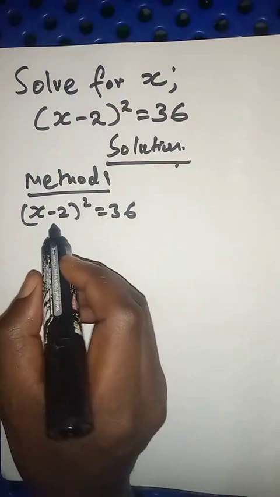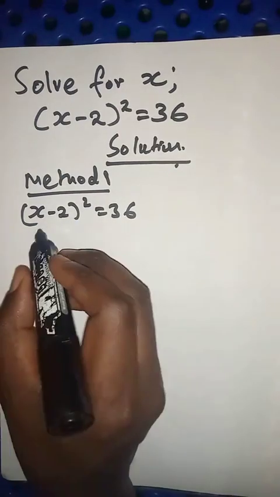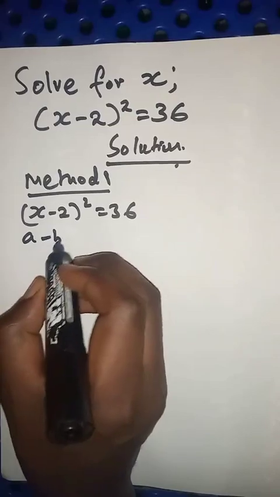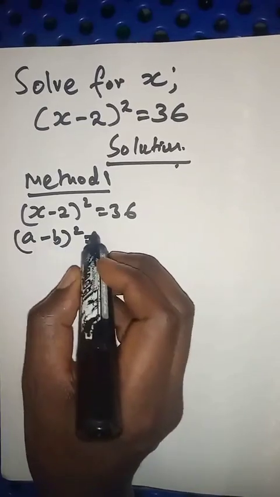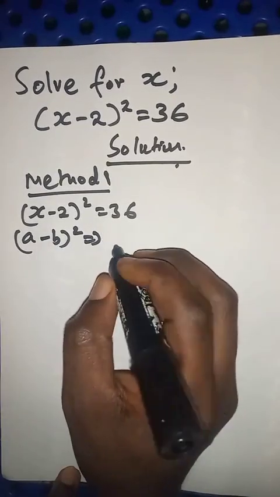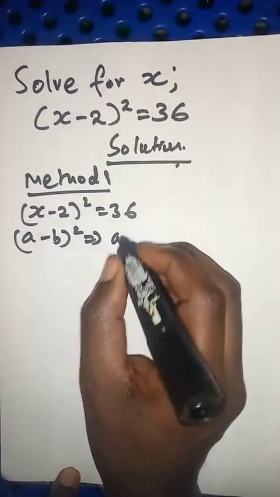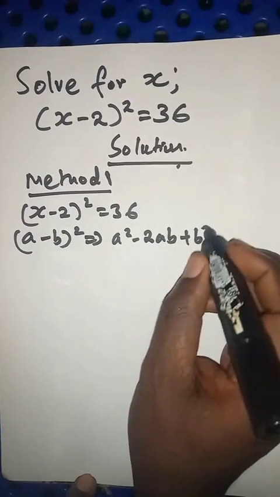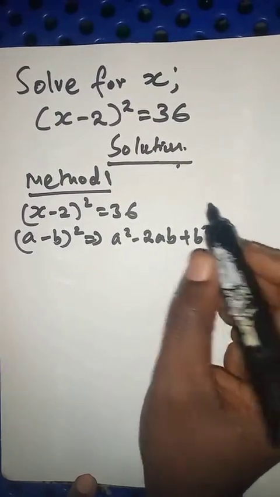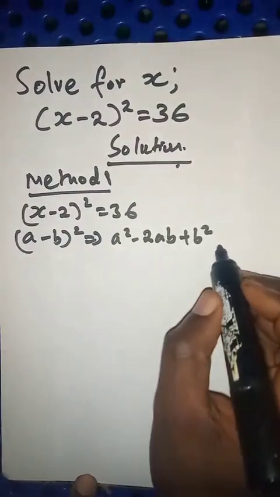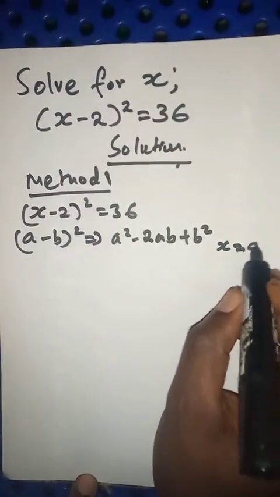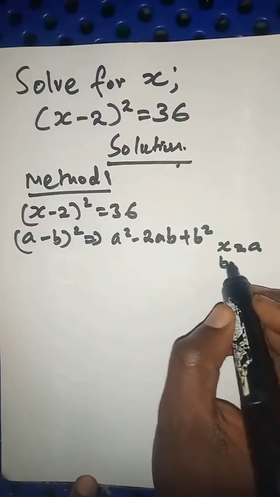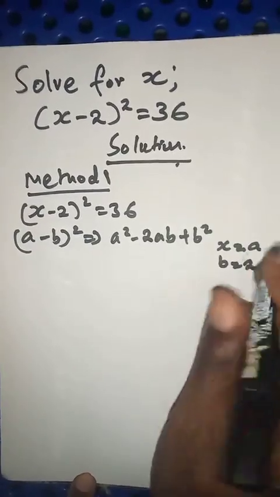I'm going to expand this (x minus 2) squared, but I'm going to recall that whenever I have (a minus b) squared, the expanded form of this is going to be a squared minus 2ab plus b squared. If I expand this, I know that my a is equal to x and my b is equal to 2.